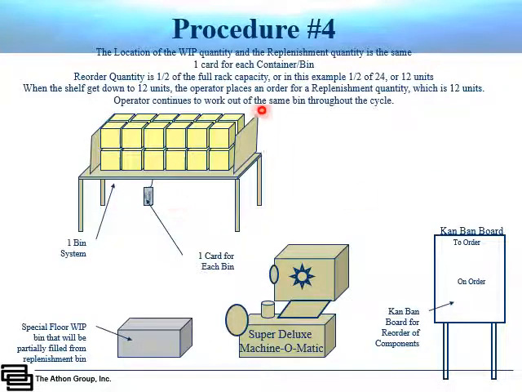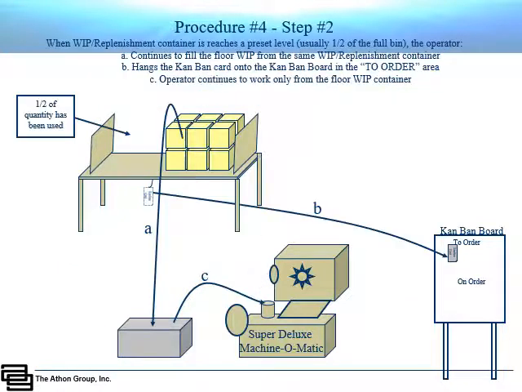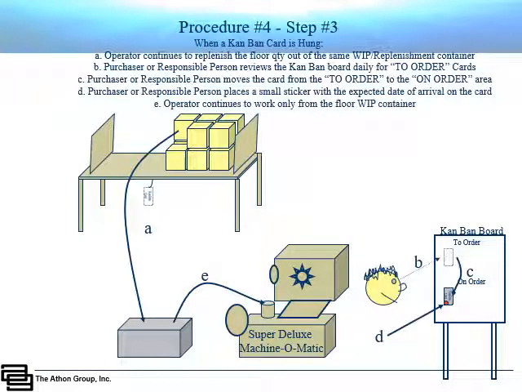But in this case, starting with a full rack of material, we will start pulling material off the rack, and once we go past a specific location, it may be half the quantity that's been used, it may be a line on the table, we would take the card and hang it on the board to reorder material. That would be reordered. We're continuing to work out of the right-hand side.